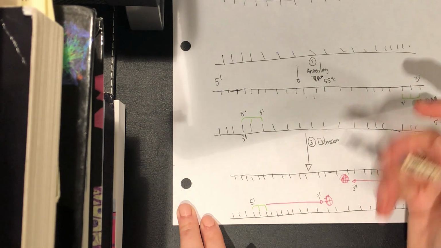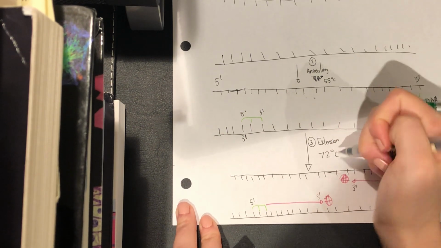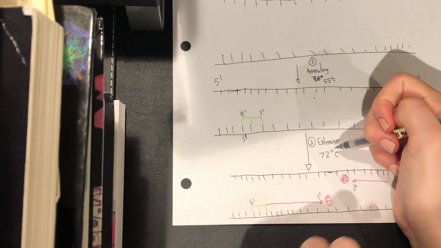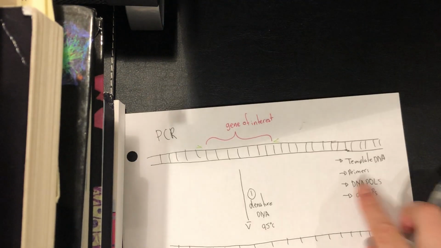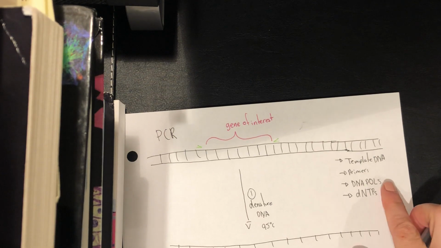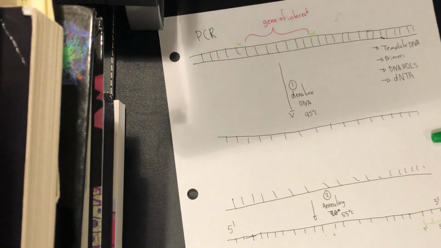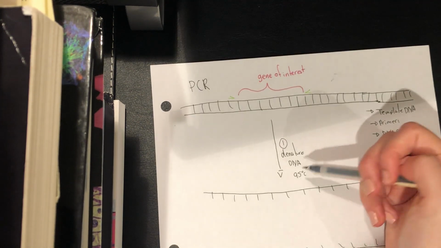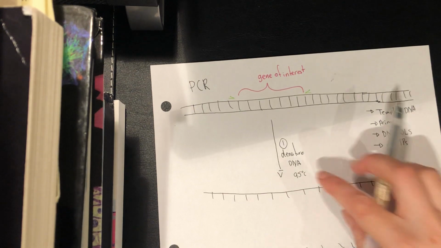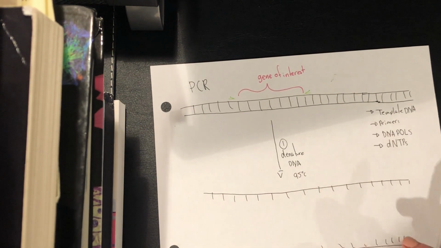And so the process of extension is going to happen at a slightly higher temperature of 72 degrees, and that is because the DNA polymerase that we used originally is known as Taq DNA polymerase, and Taq DNA polymerase functions optimally at 72 degrees. So the reason that we have to do these 3 different temperatures is first because denaturing DNA has to be at a really high temperature.